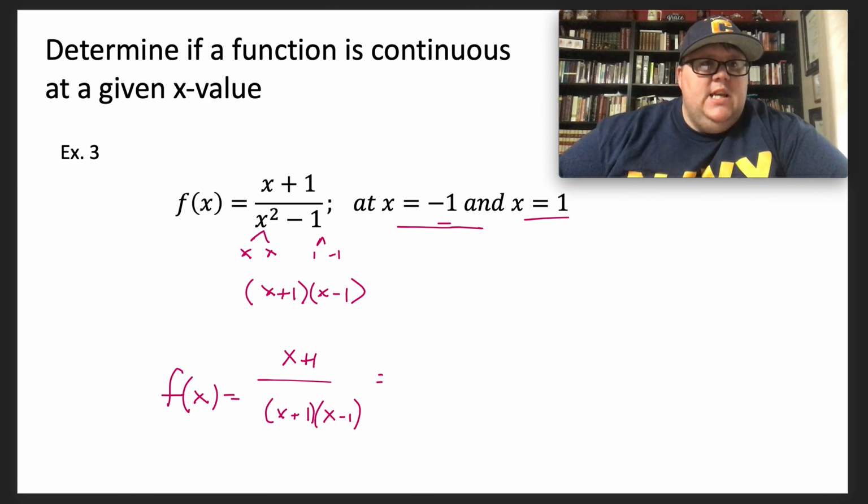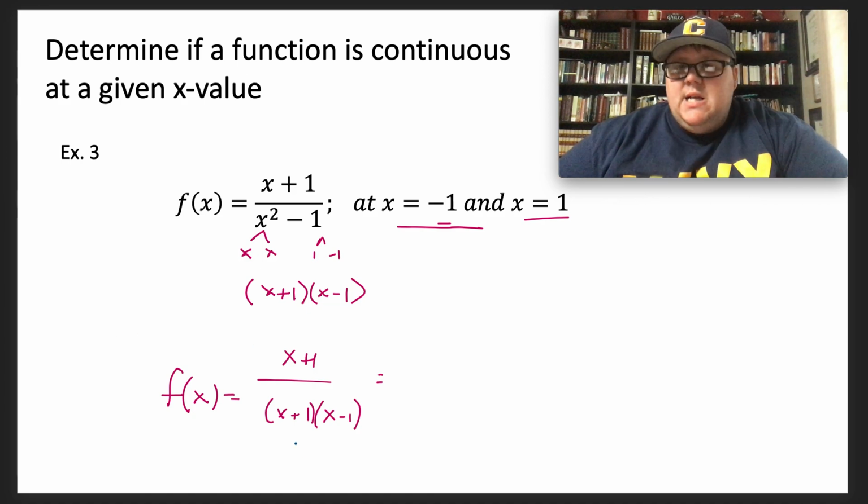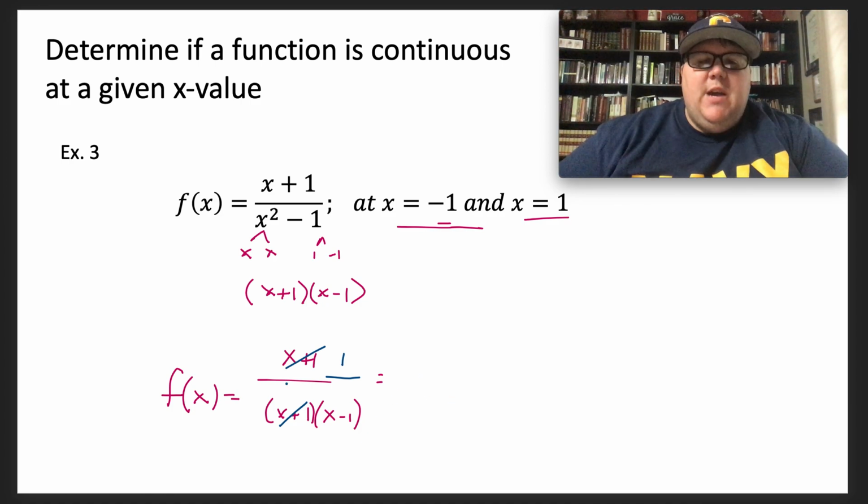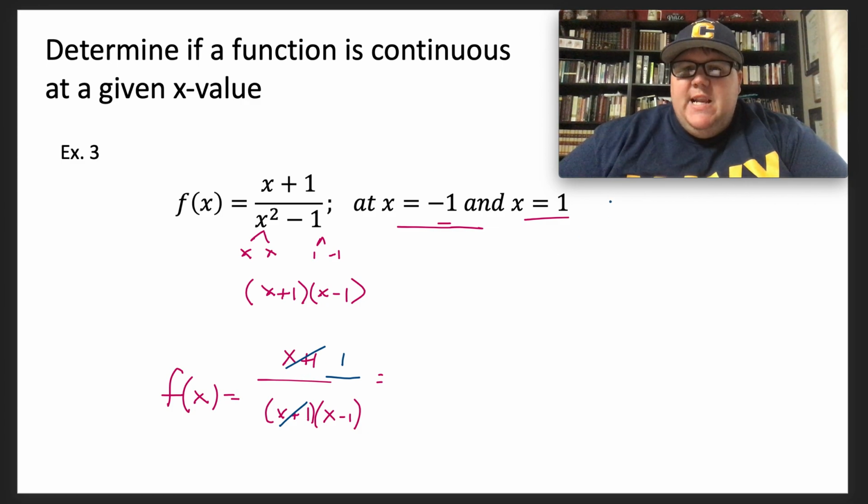I'm going to go ahead and change my color to show you this. I have x plus 1 on top, x plus 1 on bottom, so I cancel those out, and I'm left with 1 over x minus 1. And this is going to tell me what type of discontinuity. If I were to put in -1, then the x plus 1's cancel, they become 0.